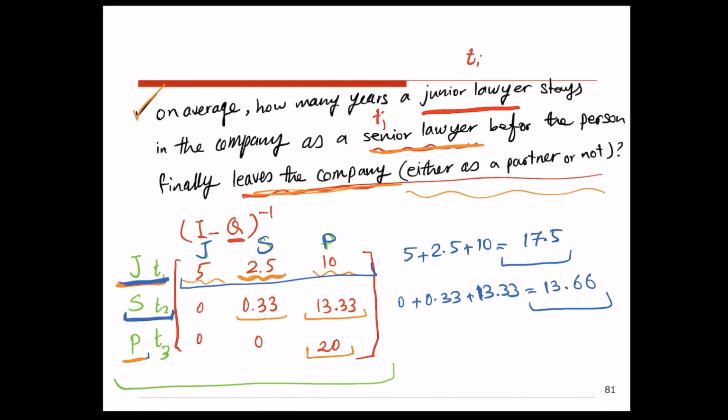And a partner would stay with the company for another 20 years before the person finally leaves the system. So this is the second problem that shows how absorbing Markov chains represent a lot of stochastic systems around us that we are dealing with, and how potentially we can answer interesting questions in this type of Markov chain.